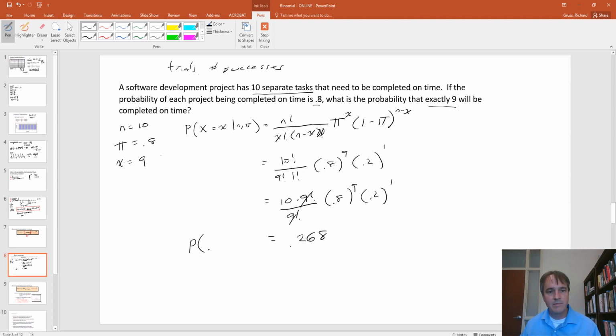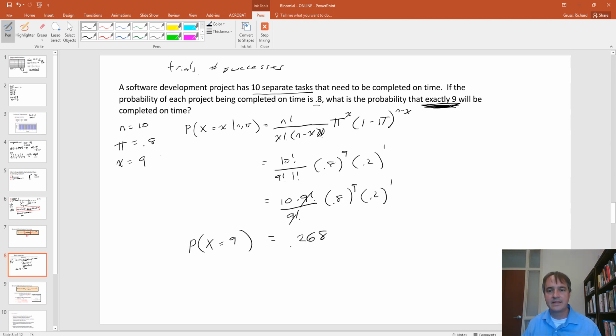This is the probability that we're going to have exactly 9 successes given these parameters. Okay, so we have about a 1 in 4 chance of exactly 9 being completed, and so you should think, well, does that really make sense? And it does make sense to have a small number here, because we're looking at the case where it's exactly 9.